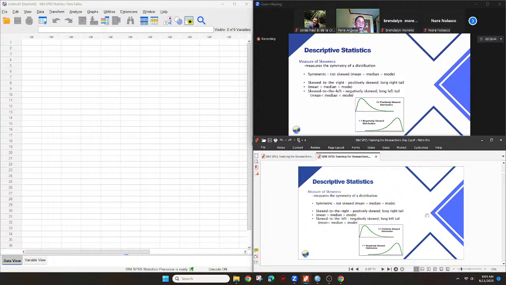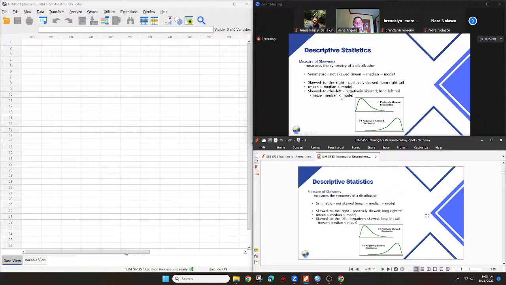And then you also have skewed to the right, wherein the mean is greater. If the mean is greater, that is a skewed to the right distribution, while if the mode is greater, it is skewed to the left.